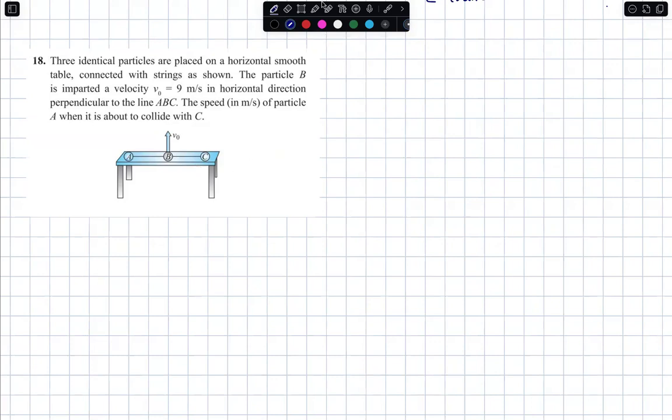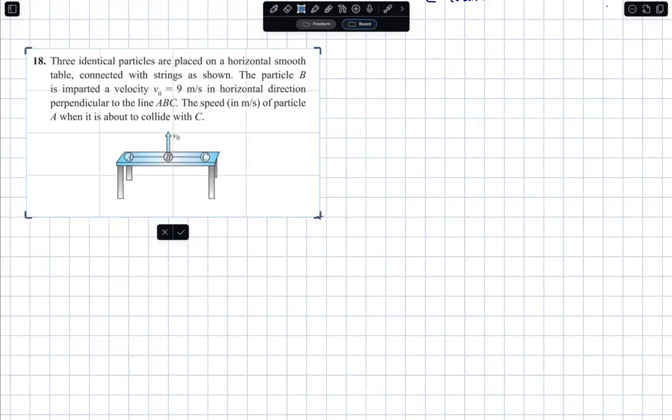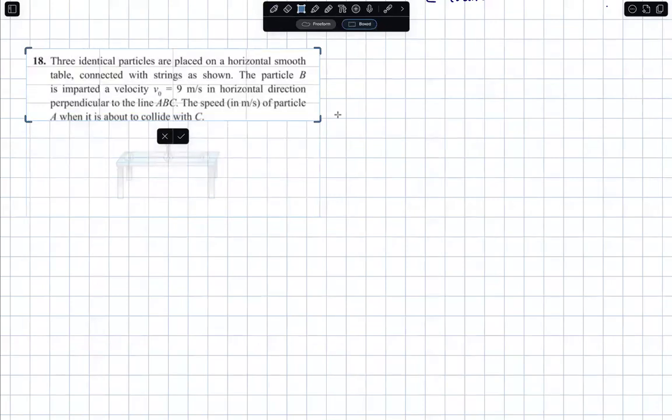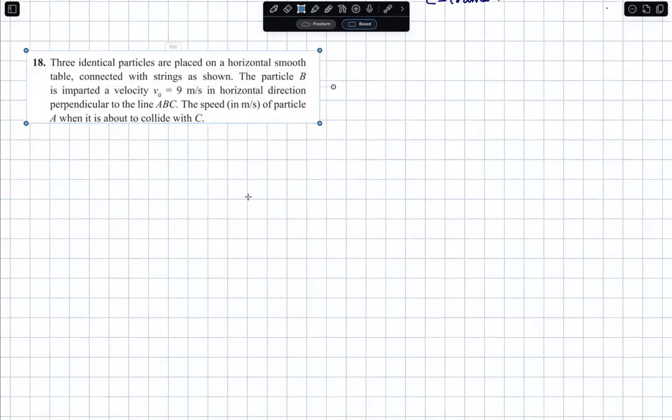I will modify the picture because this picture is confusing you.